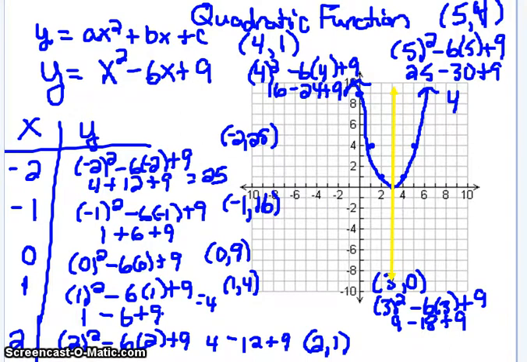And that axis of symmetry is at 3. But I can't just write 3, because that's where they get you. You've got to know that it is x equals 3. It's a line. It's not just 3, it's the line x equals 3.